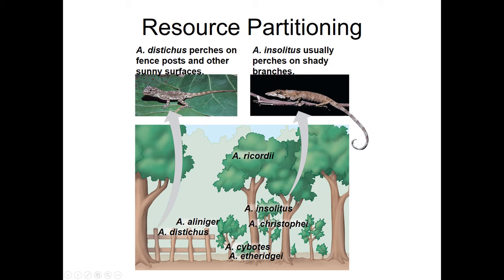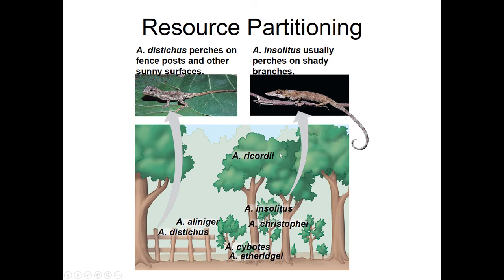We find some species in the mid-story area, so middle-sized trees and things, hanging out on those branches and surfaces. And then we find some up in the canopy, hunting and using those. So they've partitioned the environment vertically in terms of where to perch and get their sun and where to hunt.